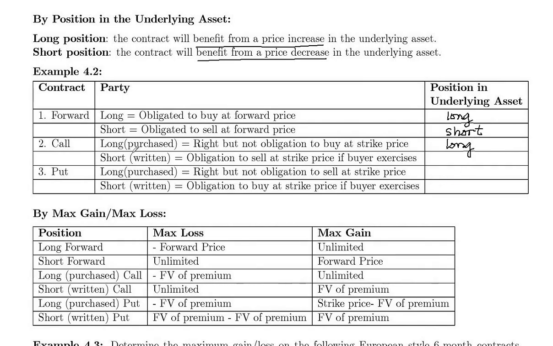If you are short, or if you write a call, then you have an obligation to sell at the strike price if the buyer exercises. And the buyer is going to exercise if that option is in the money. So let's say the strike price is $100, and you've got an obligation to sell at 100.